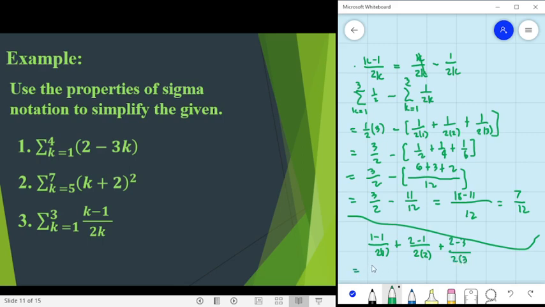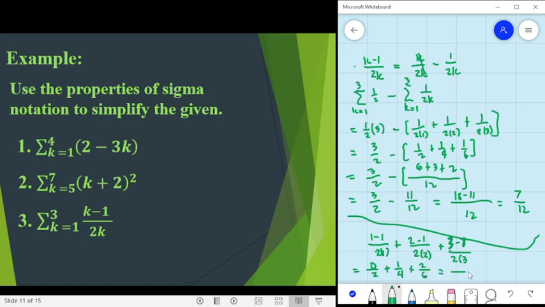So this will be equal to 0 over 2 plus 1/4 plus 3 minus 1 is 2 over 6.